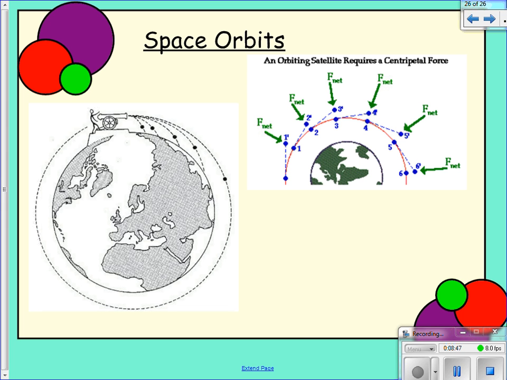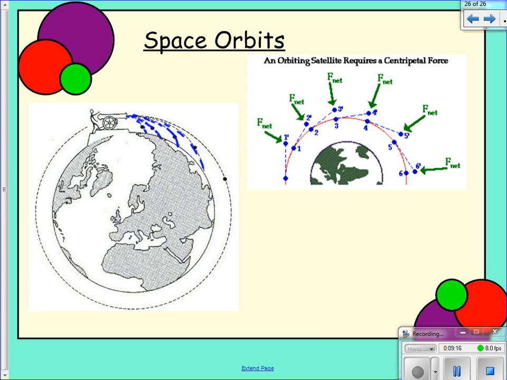Well, look at the picture on the left. Kind of an exaggeration. We don't have a man or a cannon that large, but you can see the idea. We need to actually shoot satellites into orbit with the right trajectory and the right velocity in order to keep them in circular motion. If we don't shoot it with enough velocity or trajectory, they will fall right back down towards Earth, and they will crash into Earth.